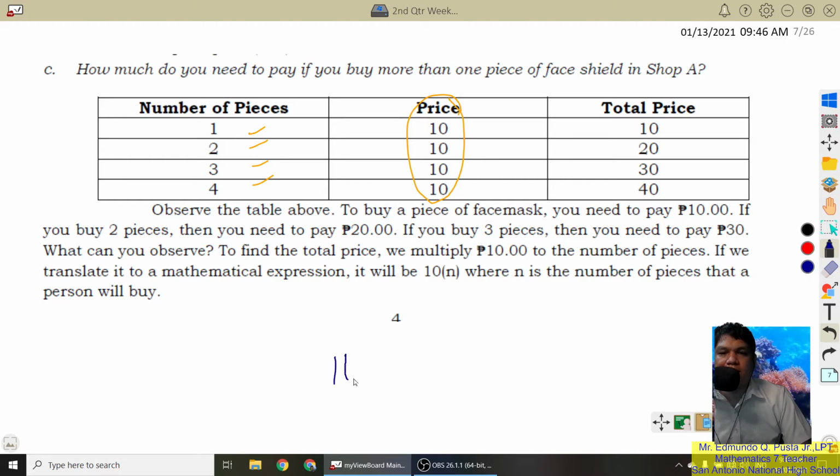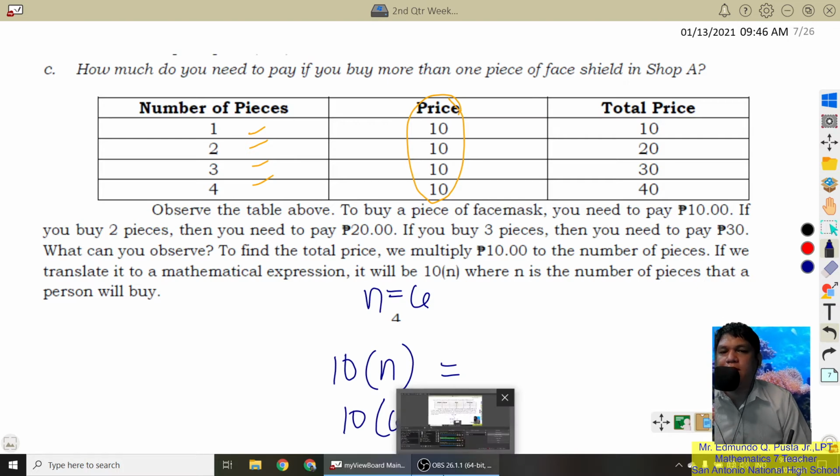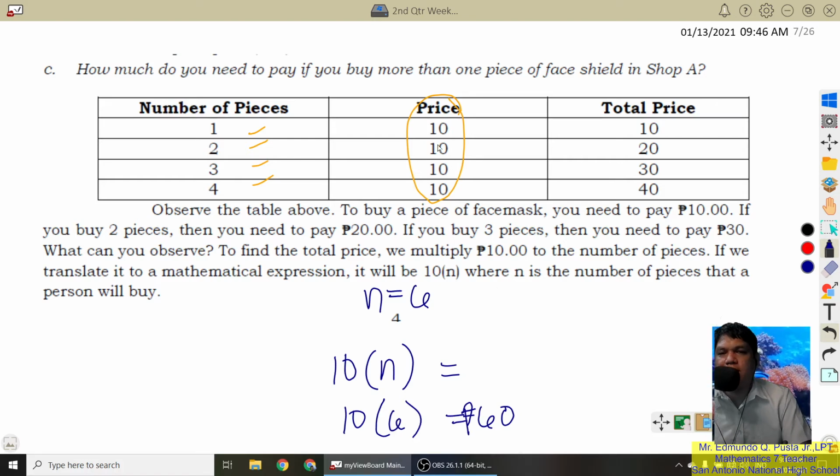So, we have 10 pesos times the number of pieces. So, what will be the price if the number of pieces is, let's say, 6? So, that would be how much? 60 pesos. Ayan. Okay? So, since pare-parehas lang naman ang price, okay?